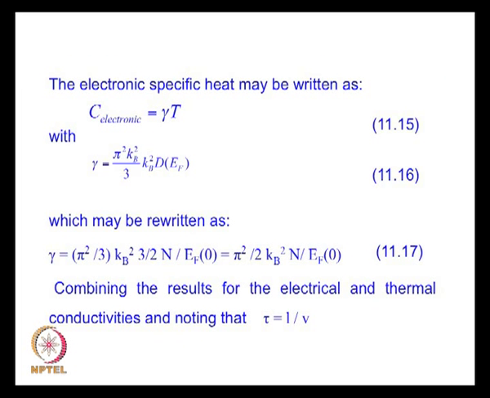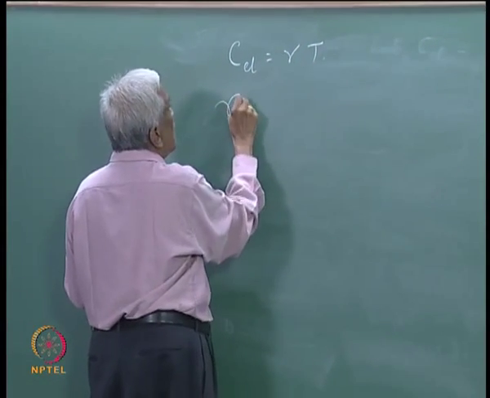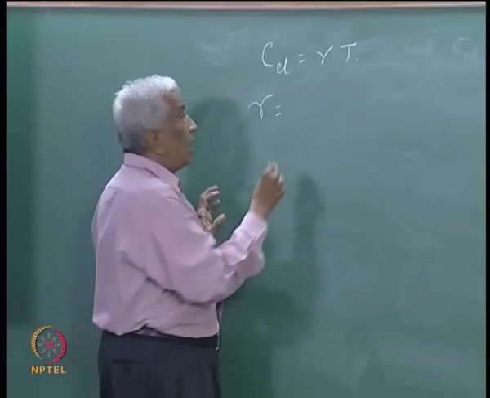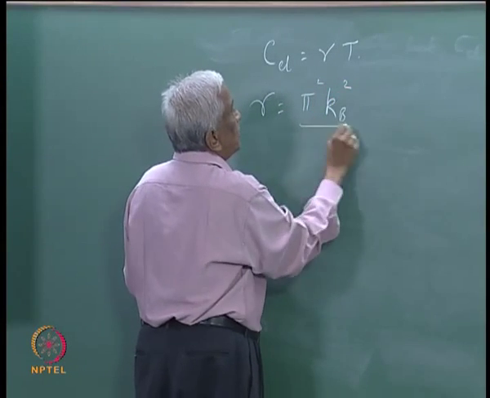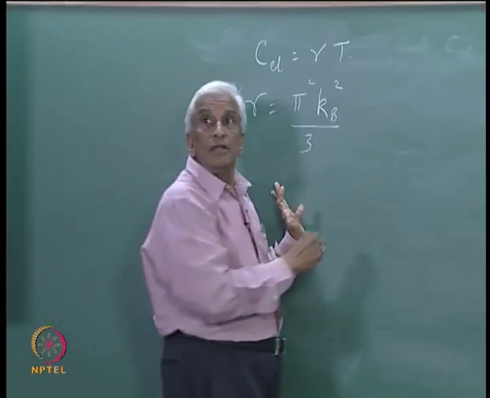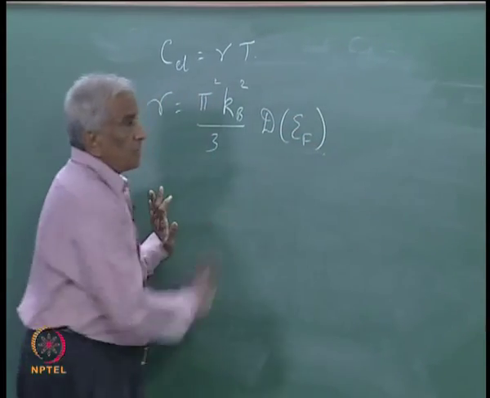So, we have C electronic is gamma T, where gamma we have seen now as pi squared k B squared by 3 into D of E F.